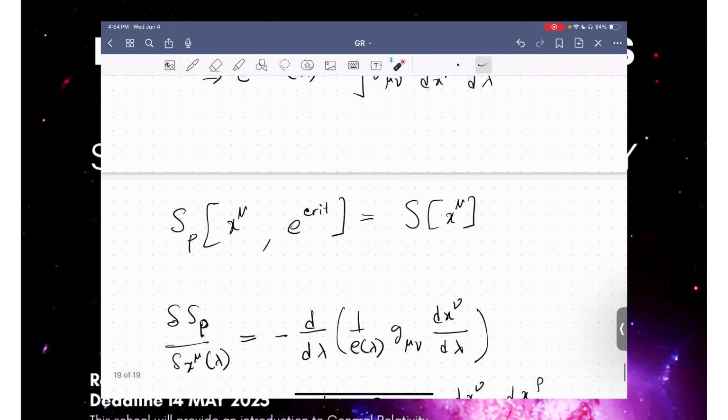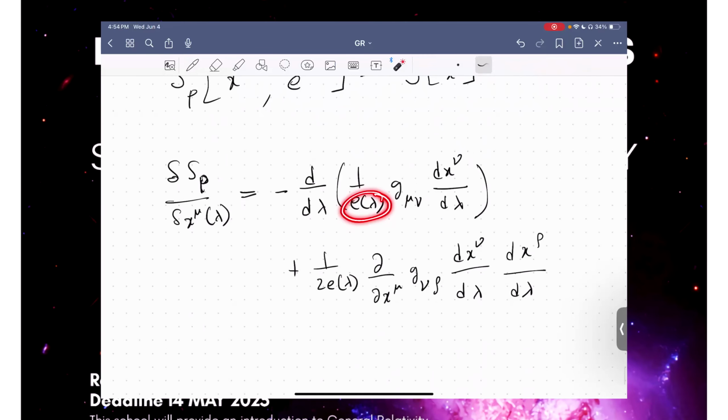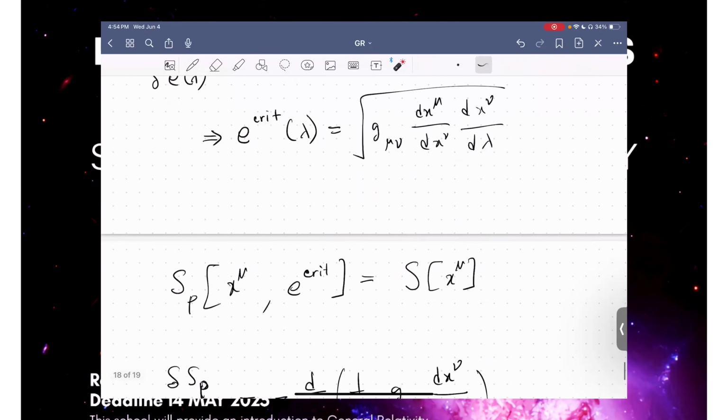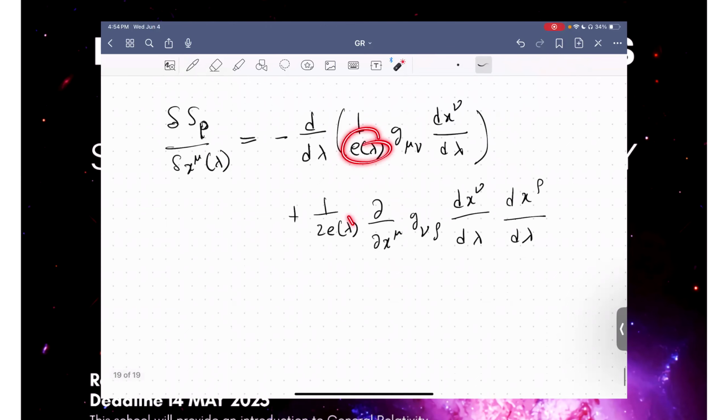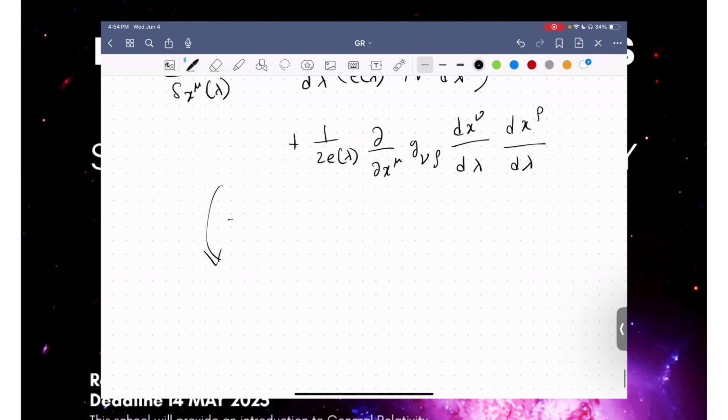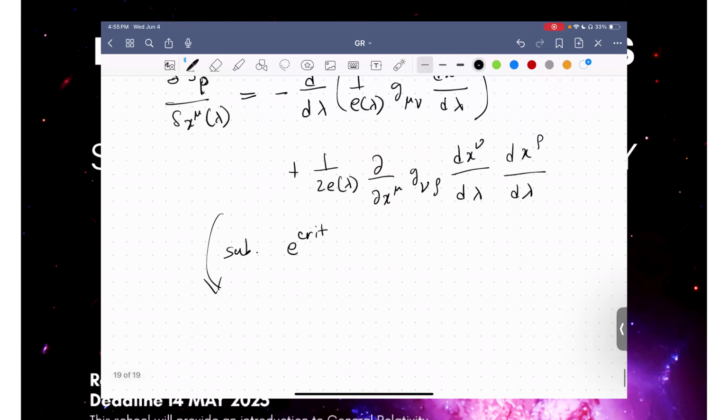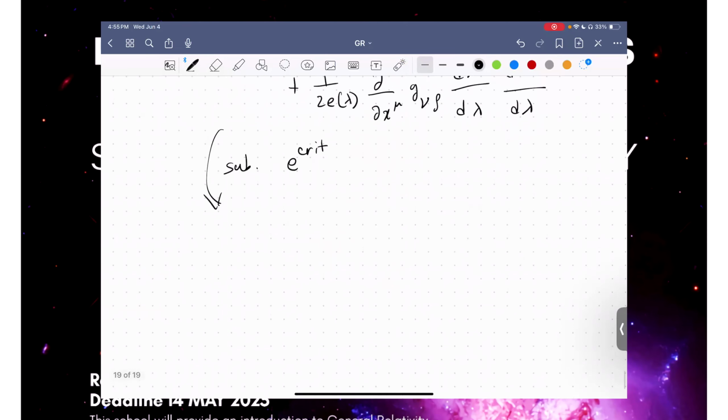And then we still have to extremize with respect to e. But we already know the critical value of e, which is this. So we can just substitute that here and here. So if you do that, substitute e critical. So then what you find is that this expression becomes this.